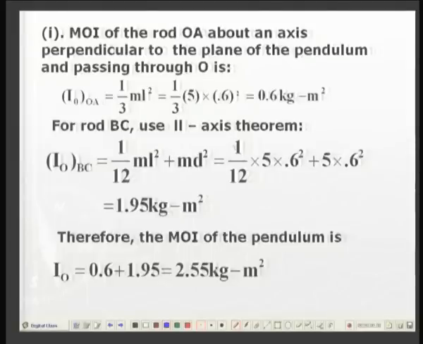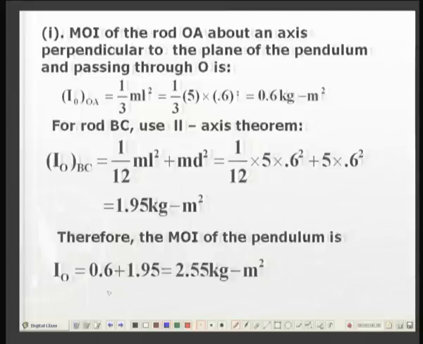So mass divided by 12 into 0.6 square plus mass into 0.6 square gives 1.95 kilogram meter square. The total moment of inertia about the top point O is the sum of these two expressions, which comes out to be 2.55 kilogram meter square.